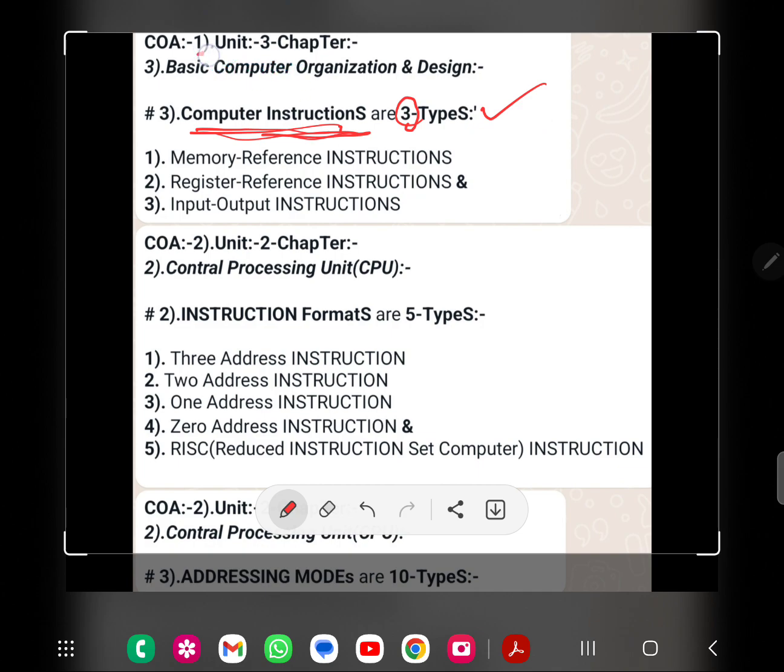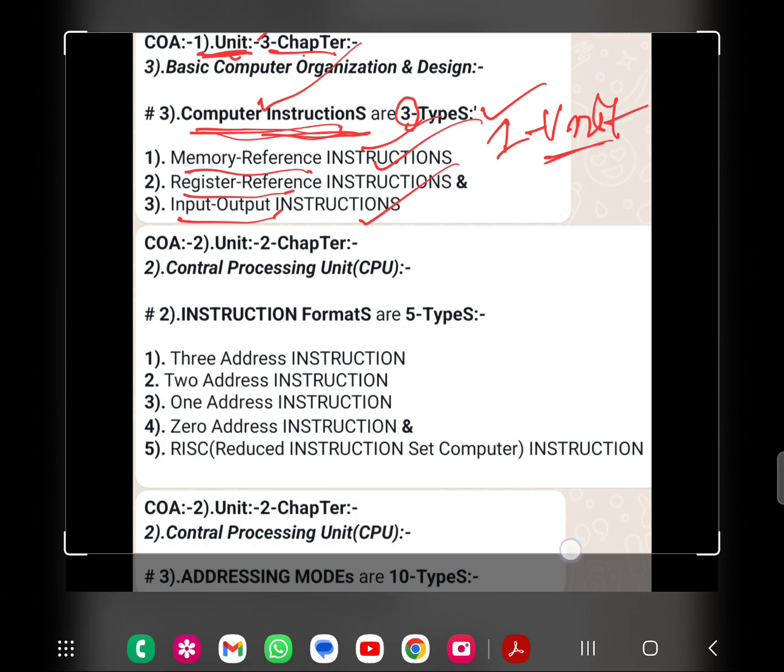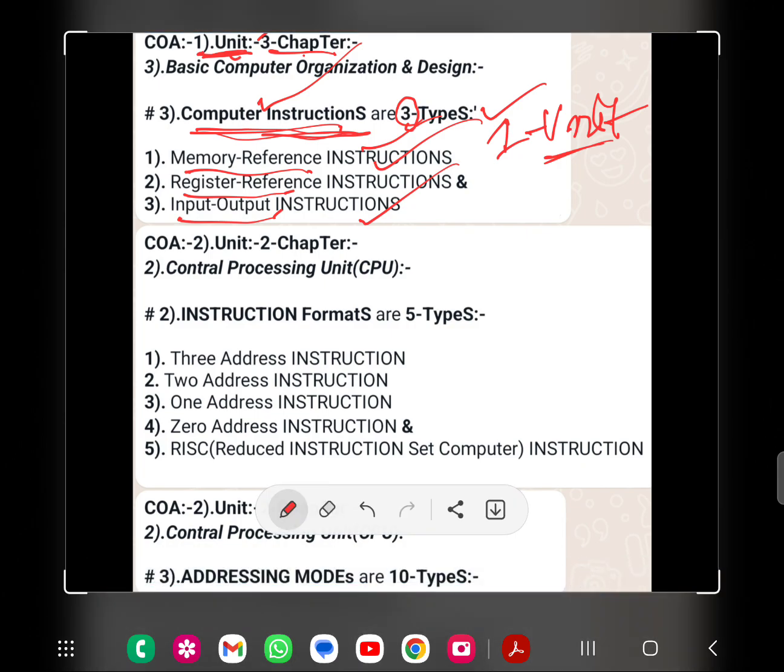This is the topic from first unit, third chapter: computer instruction, memory reference instruction, register reference instruction, input output instruction. I will show you that YouTube poster or thumbnail also, to remove your confusion, right?